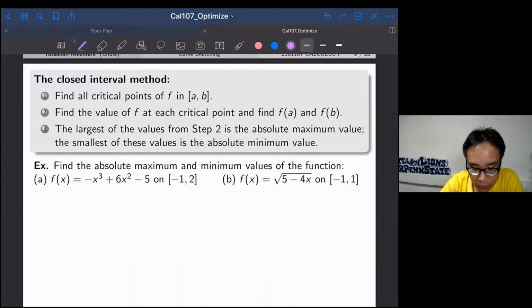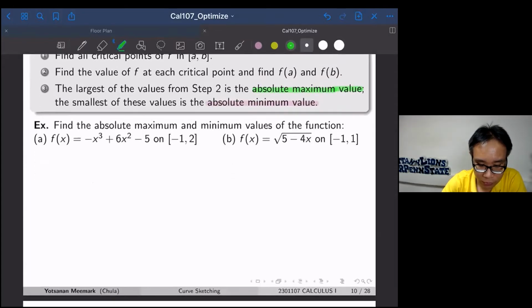Then find the value of f at each critical point, and at the endpoints, you find f(A) and f(B). The largest of the values in step 2 is the absolute maximum, and the smallest is the absolute minimum. This is how we determine absolute maximum and absolute minimum for a given function.